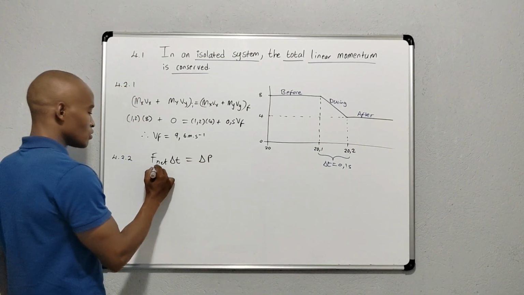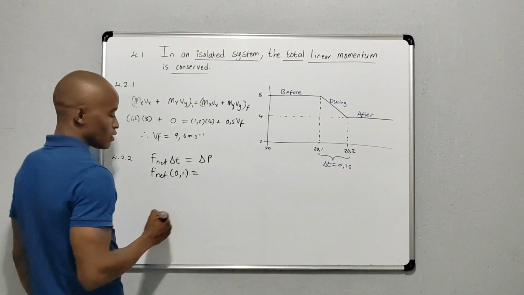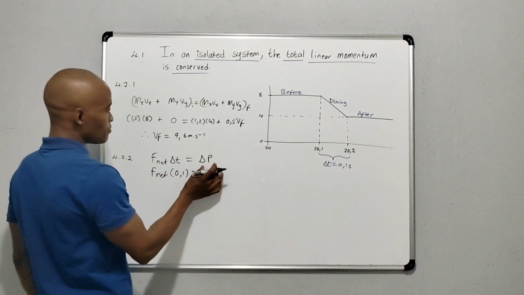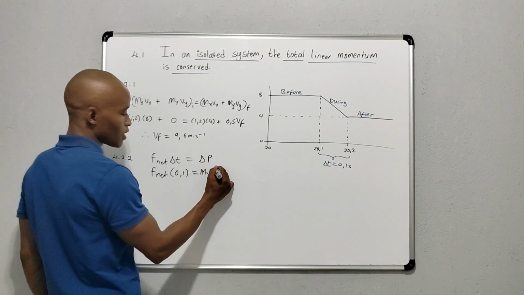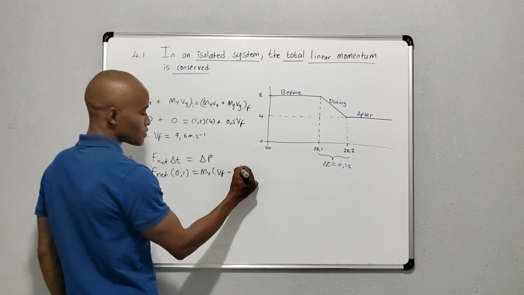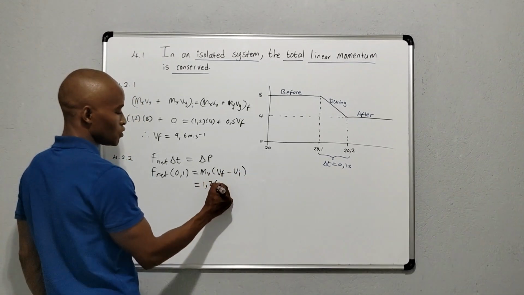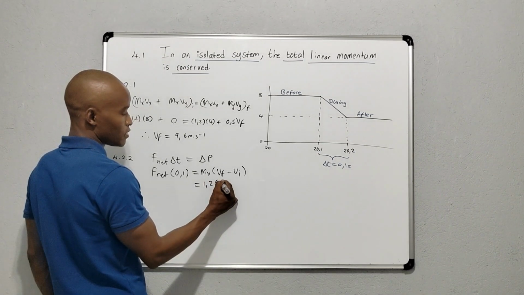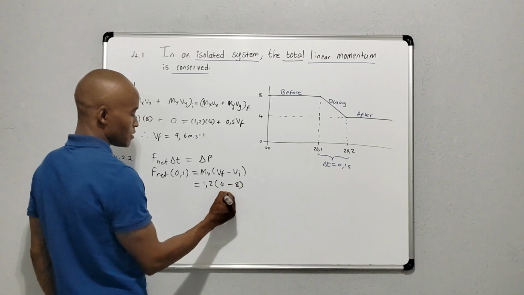So the average force is: F net times delta t equals m times (Vf minus Vi), which is 1.2 times (4 minus 8).